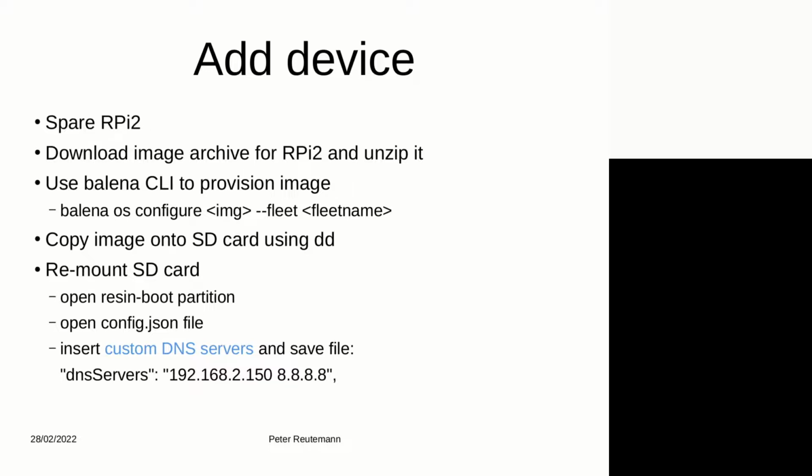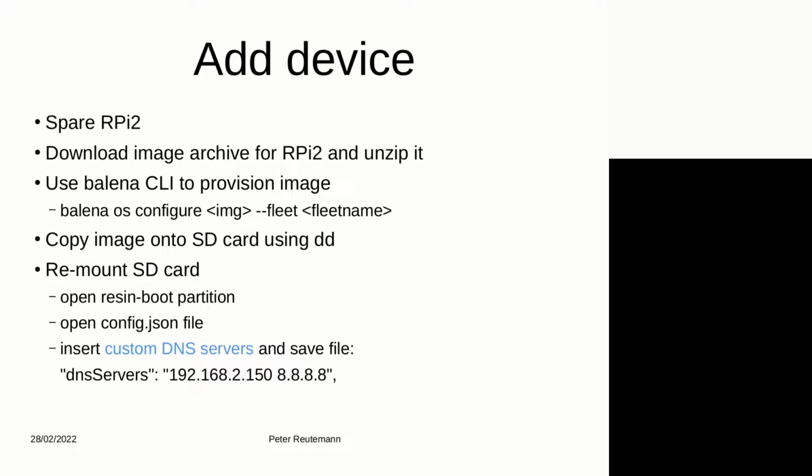It's basically just balena os configure, then the image name, and then --fleet with the name of the fleet that you just created prior. And that changes a few parameters. It mounts the file system and does some changes in files, expands some variables. Once that's done, you can then copy that image onto an SD card using dd.